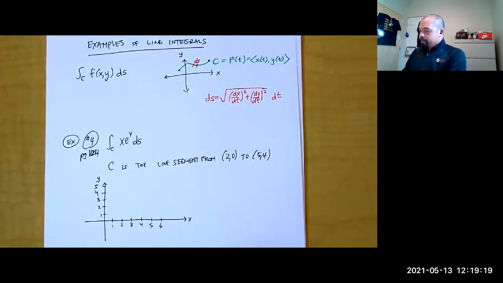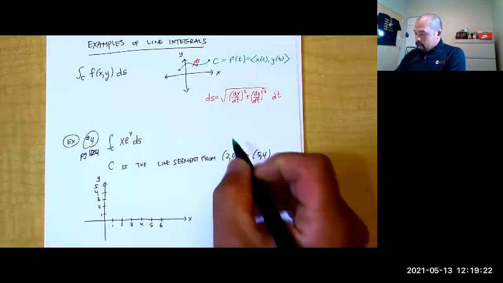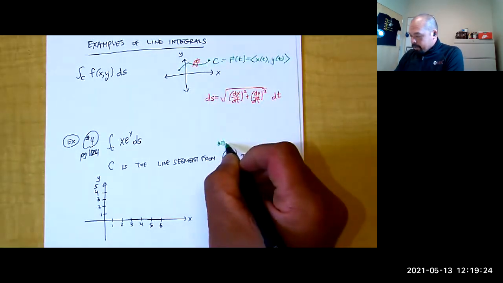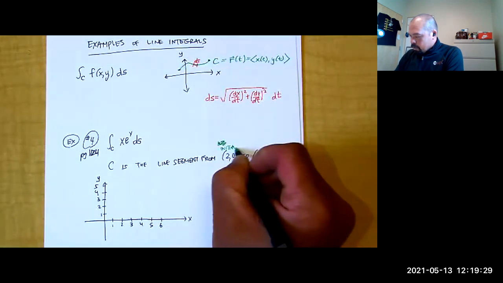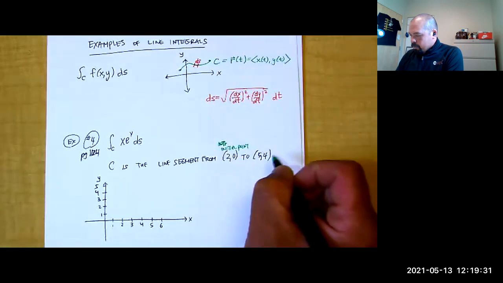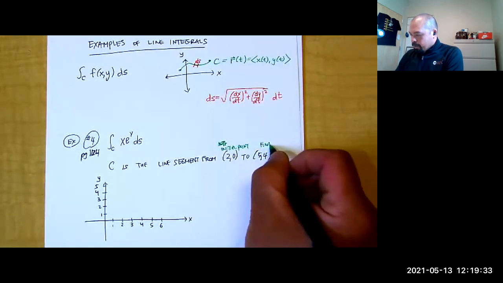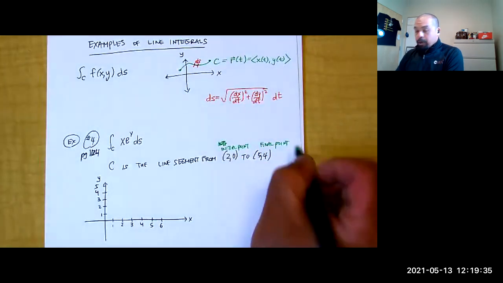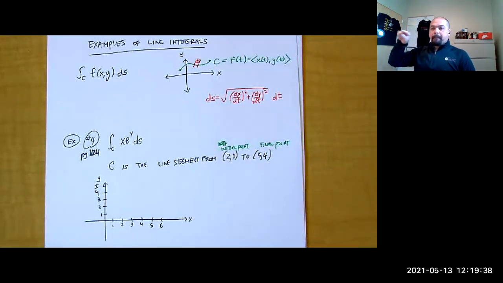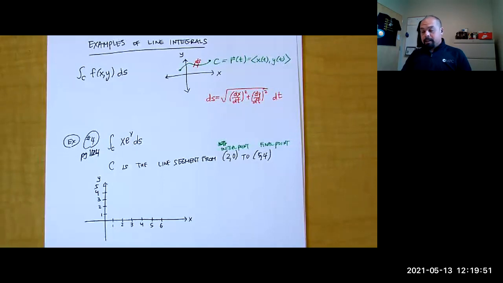All right, so here's our coordinate system. This is where we need to pay attention. Here's my initial point, where we're starting, and this is my final, my terminal point. As we go through, we want to keep track of how we're tracking along that curve, whether we're working our way to the right or to the left. When we see circles, are we going counterclockwise or clockwise?